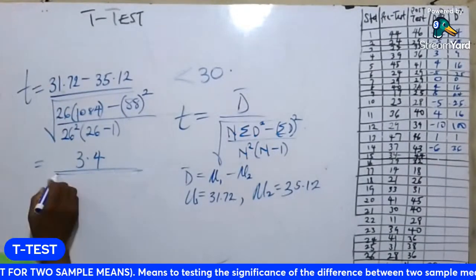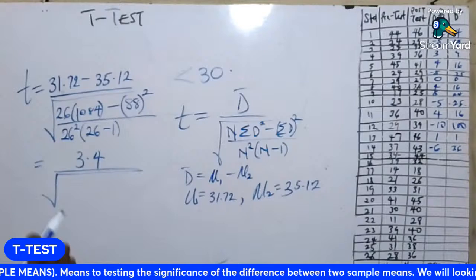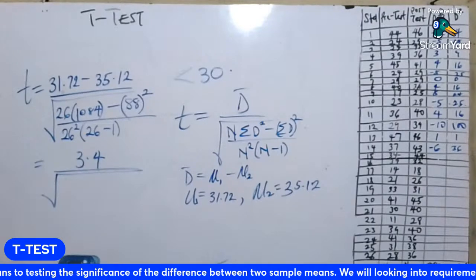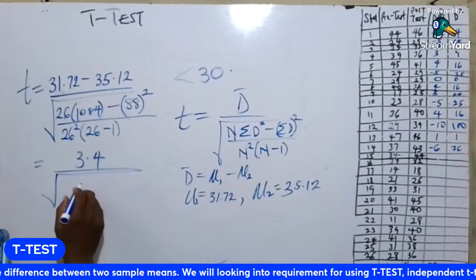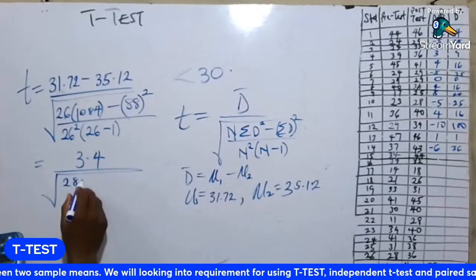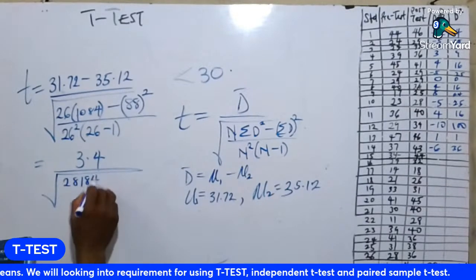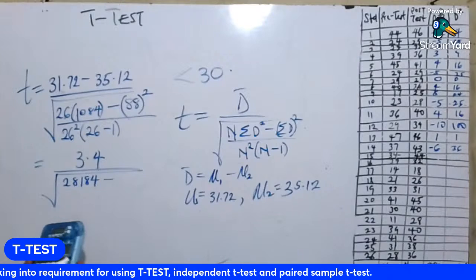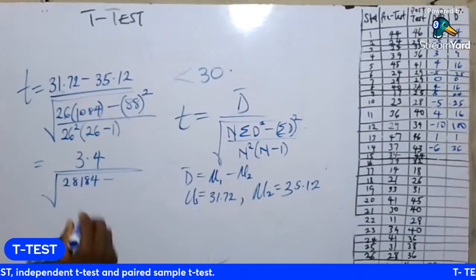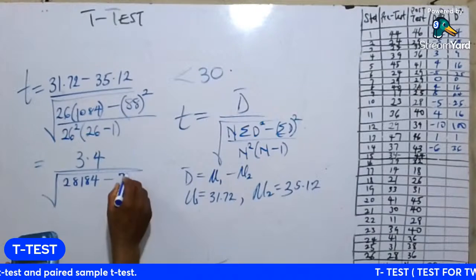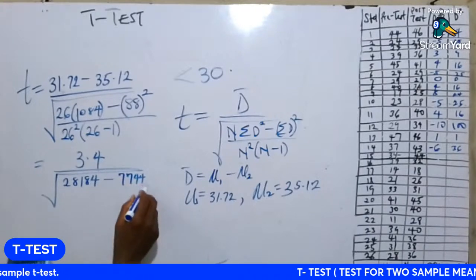So everything over. Here now, 26 multiplied by 1084. That is giving me 28,184 minus 88 square. 88 square is giving me 7,744.